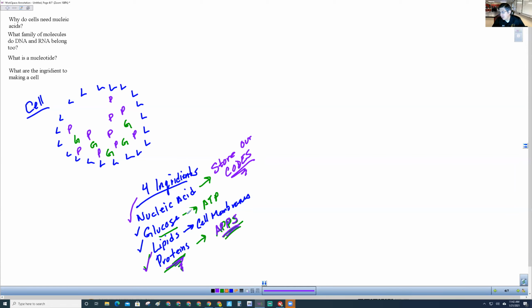What they store in their memory are the codes that the cell needs. So we learned about two types of nucleic acids.